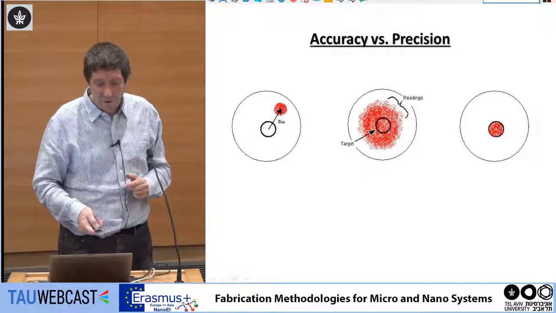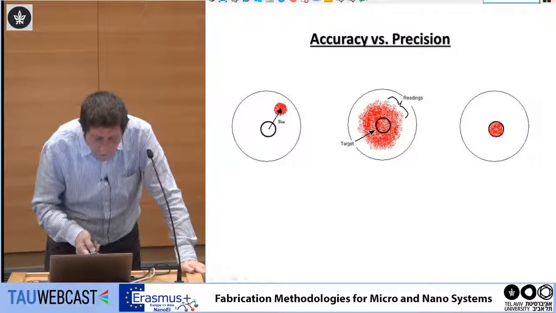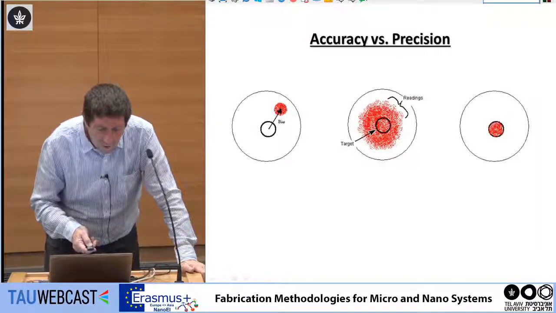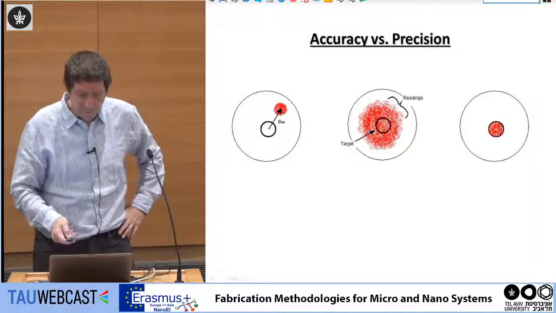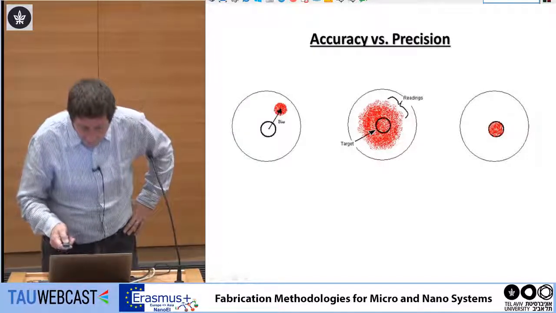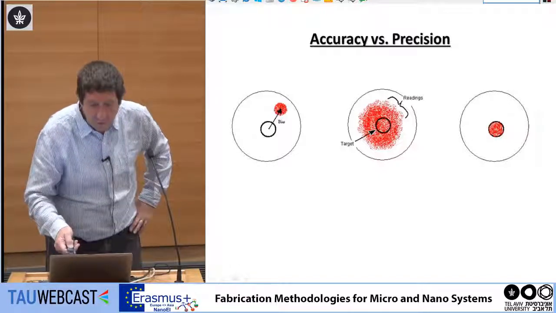Now, precision versus accuracy. If you look at this point, this is the target, and this is what you measure, the red one. This is called bias, the deviation of your measurement from the actual value. And here the readings can be all around.